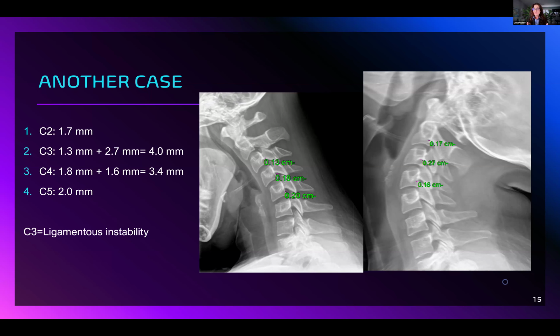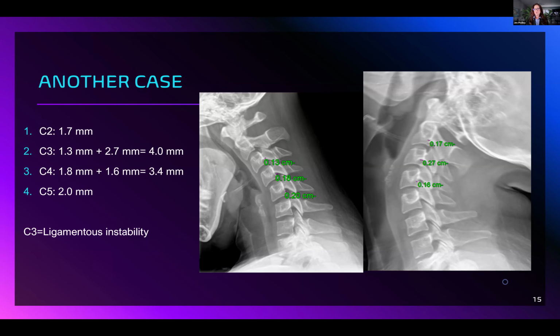However, age matters. If I have a younger patient, younger than 25, that can be a challenge, because individuals who are not skeletally mature, and skeletal maturity means age 25 and above, can have this normal laxity of their cervical spine, which brings a challenge.